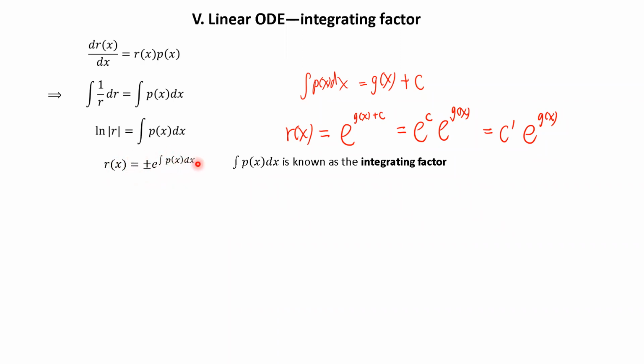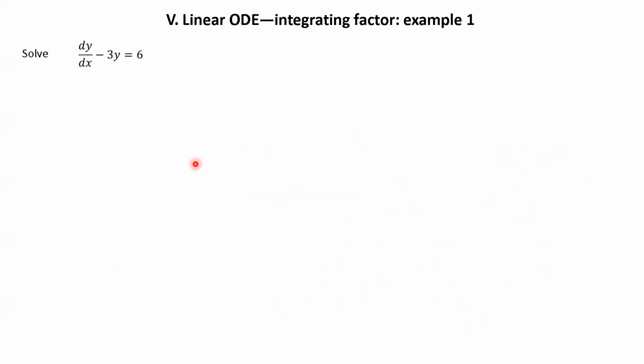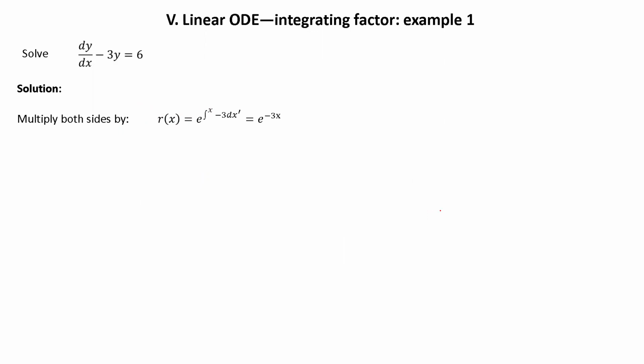So if you look at this linear ODE, you basically don't need to think too much. You just find r of x first, and r of x is the exponential function of the integrating factor. So this is a simple example. This is the equation I want to solve. This is my P of x, and this is my Q of x.